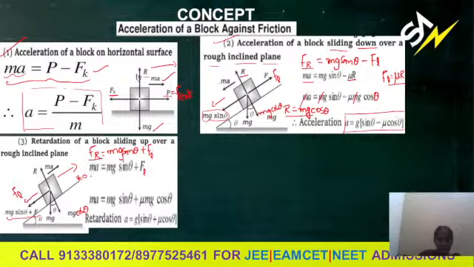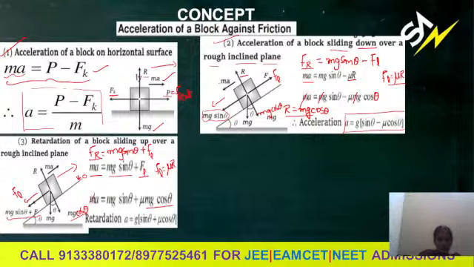So resultant force means ma equals mg sin theta plus FL. FL value we need to substitute as mu into R. In this situation, R is balanced with mg cos theta, so R is substituted as mg cos theta. So ma is equal to mg sin theta plus mu into mg cos theta.